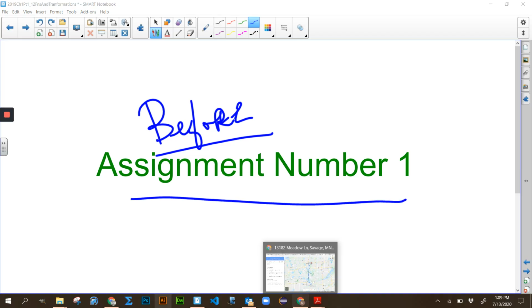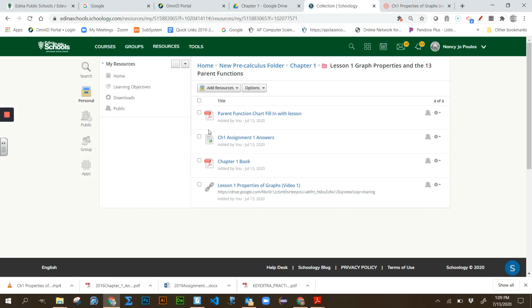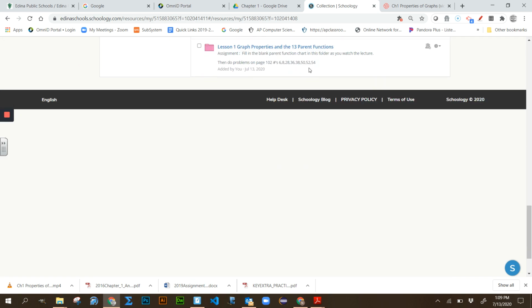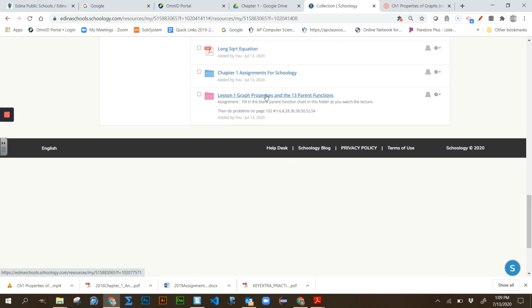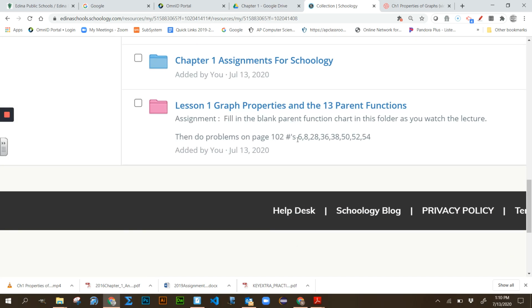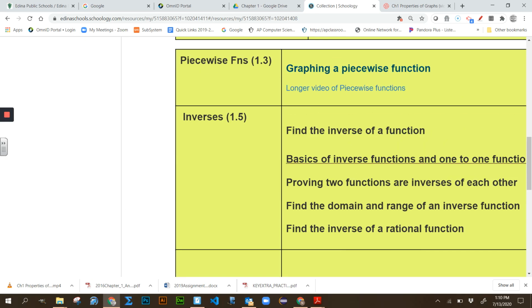And let's see on Schoology, let me find the Schoology page. So if you look at lesson 1, this was on graphing properties and parent functions. And I have the assignment listed here. It should probably also be in a calendar. And I think I have an assignment chart on here as well.